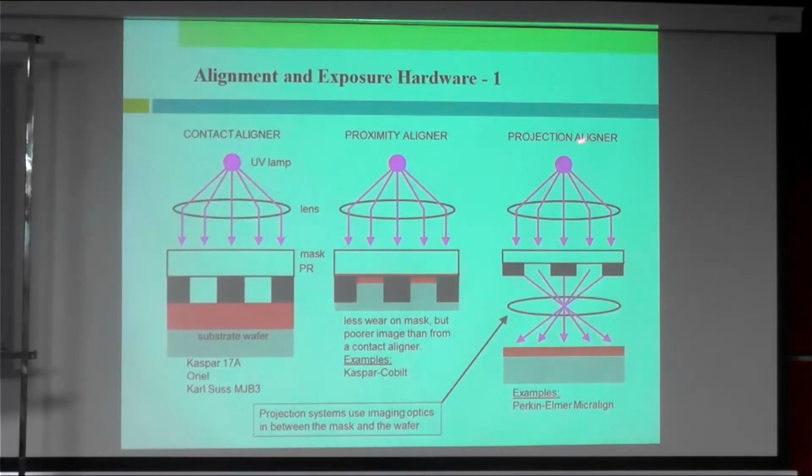Then this is a projection aligner, where this kind of setup, the projection system, uses imaging optics in between the mask and the wafer. So you have imaging optics here rather than just only here. So the lens is only here. So in this case, you have another optical setup in between the mask and also the substrate.